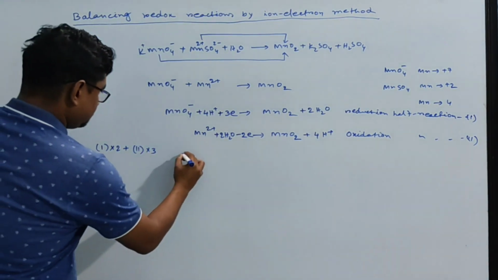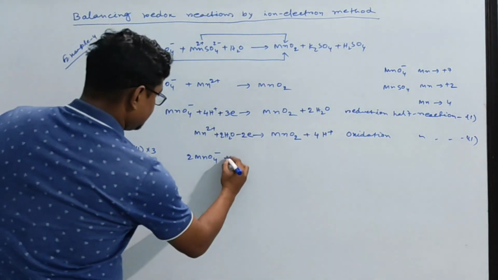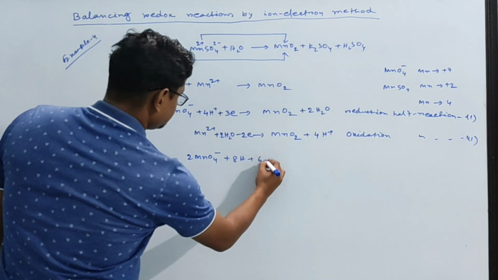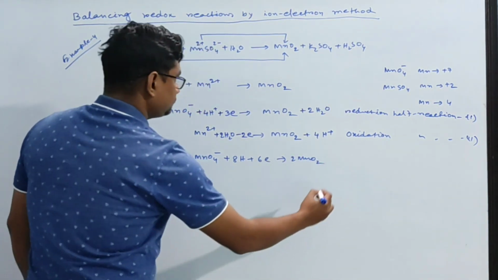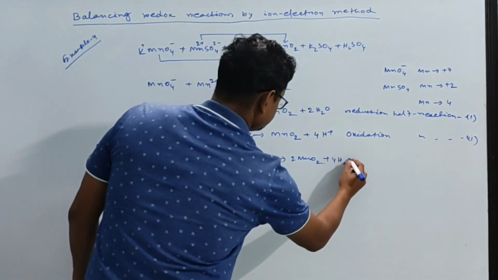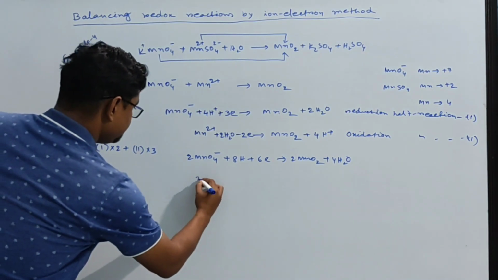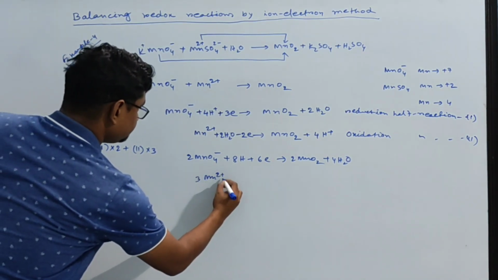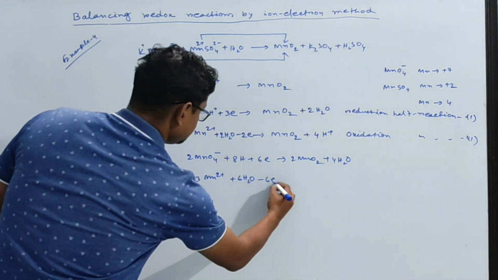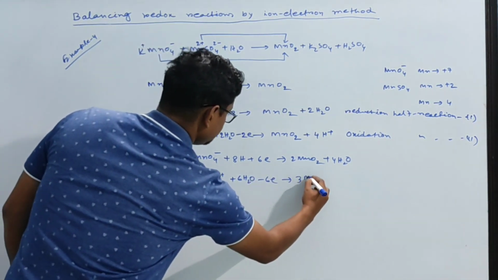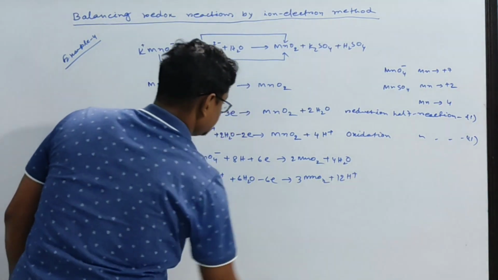Then it will give 2 MnO4 minus plus 8H plus plus 6 electrons, giving 2 MnO2 plus 4 H2O, and this one will give 3 Mn2 plus plus 6 H2O minus 6 electrons, giving 3 MnO2 plus 12 H plus.